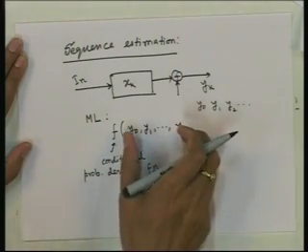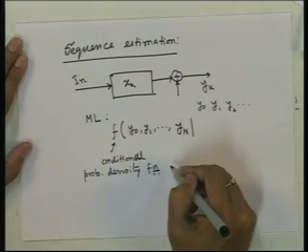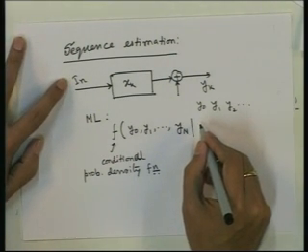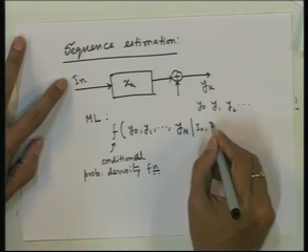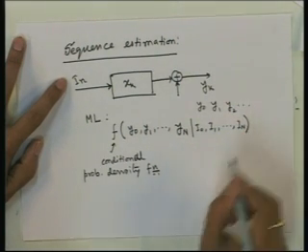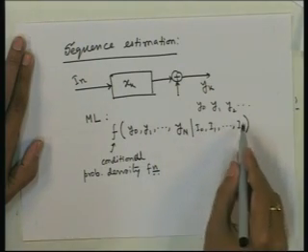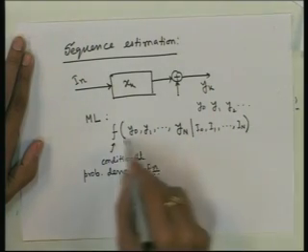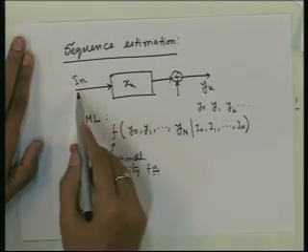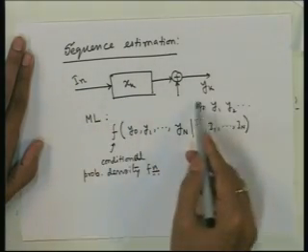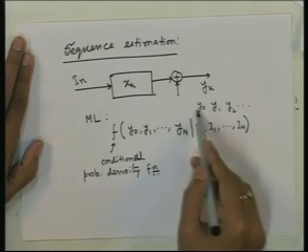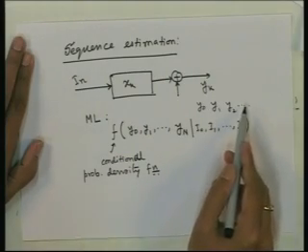We observe a long sequence and then ask the question, for what sequence of transmitted symbols, that is I naught, I 1, up to I N, is this density function value maximum. So, for what transmitted sequence is this, not really the probability, but the probability density at this value of the sequence, maximum.